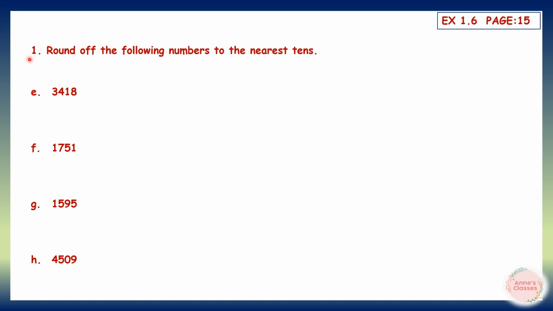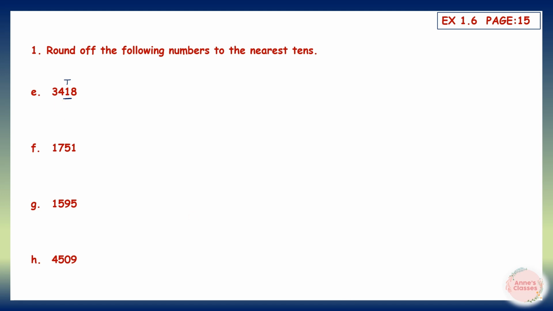Again, it's the same question. We are with question E here. Look at the digit in the tens place. So here we have ones and tens. This is the digit in the tens place. Look at the digit to the right of that. It is 8. It's more than 5, isn't it? If it is more than 5, then what you have underlined will increase by 1. You must add 1 more to it. So 1 plus 1 is 2.